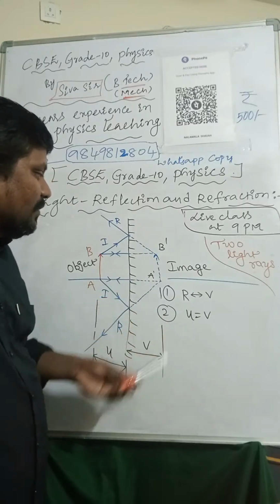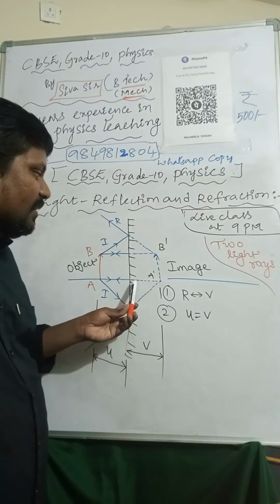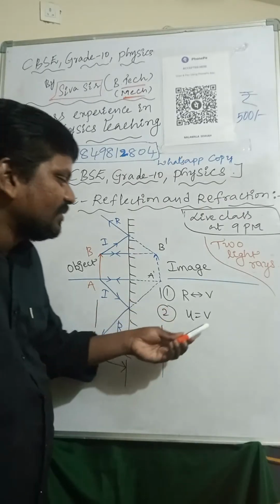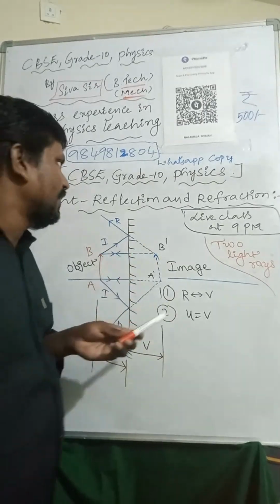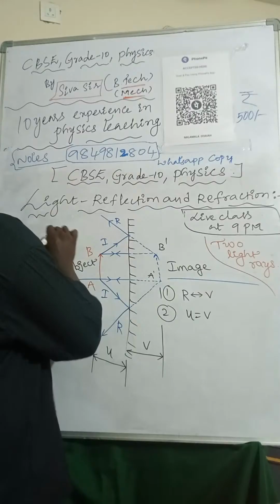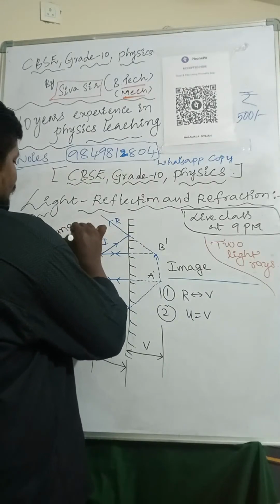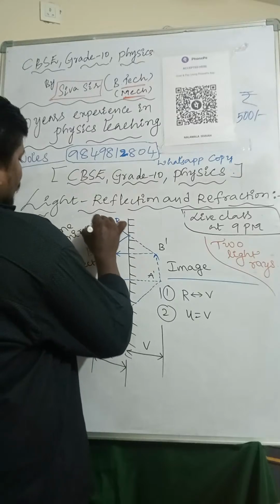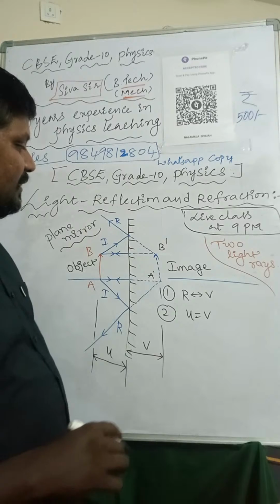Image distance is nothing but the distance between image and mirror. So here I am considering a plane mirror. In plane mirror, object distance is equal to image distance.